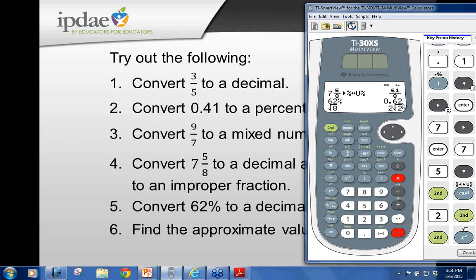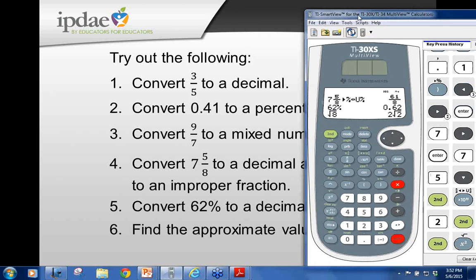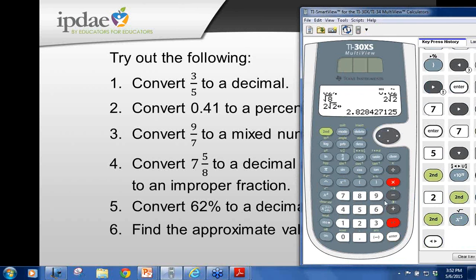This gives you the exact value in radical form. So what your calculator just did was simplify radical 8, or square root of 8, into 2 radical 2. That not necessarily help us with this particular task. We want to approximate. Again, like I said, you can use your toggle button to immediately convert that to a decimal.